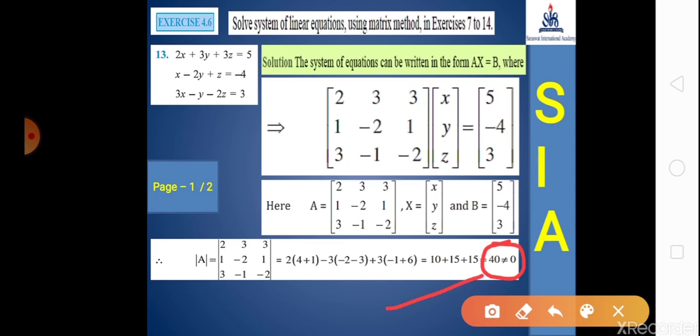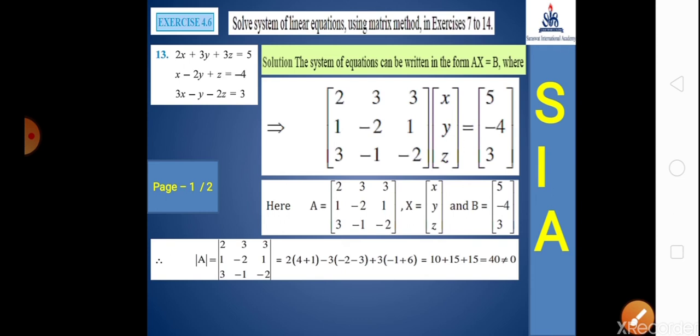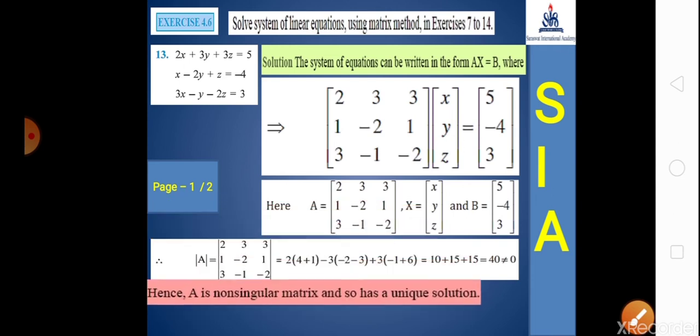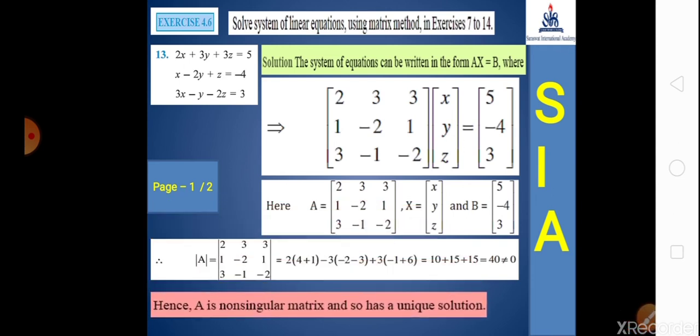If it is non-zero then you succeed, and so apply the last solution. Hence A is a non-singular matrix and so has a unique solution.